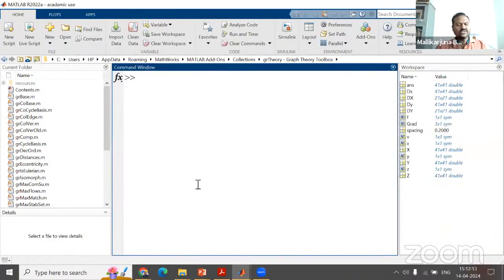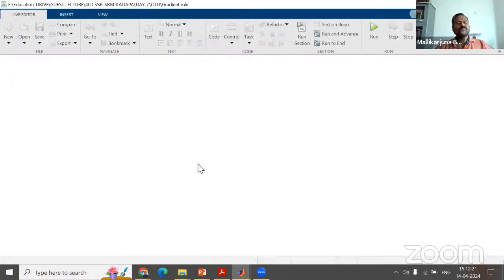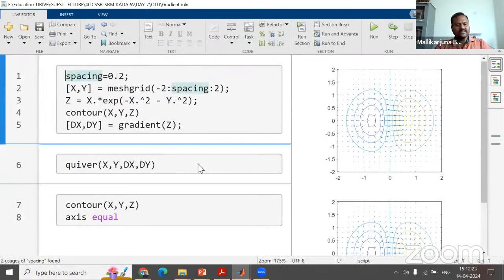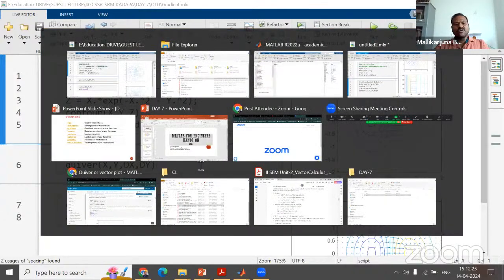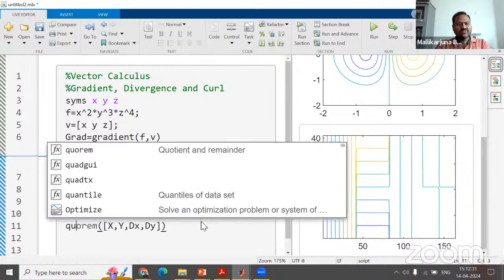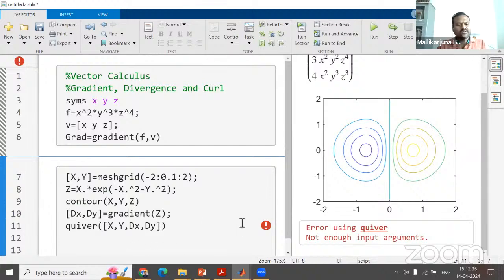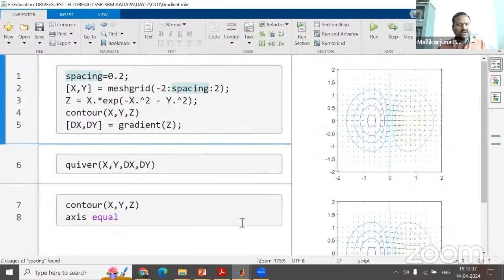I'm just out of practice. Let me check. Yeah, sorry. We need the vectorial representation for this. It's not like the curves like this. Quiver. Yes.